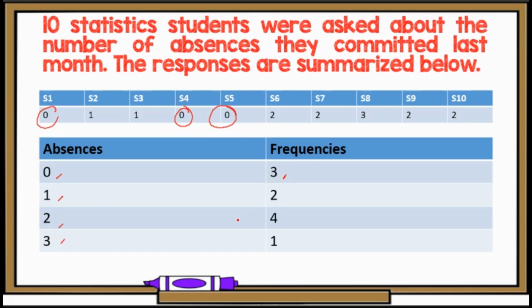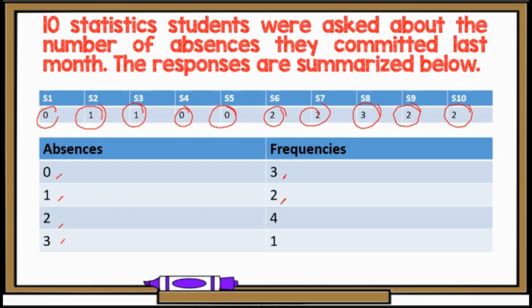For 1, we have 1, 2. So there are 2 students who committed 1 absence last month. And for class 2, there are 1, 2, 3, and 4. There are 4 students who committed 2 absences. And finally, there is 1 student who made 3 absences for last month.